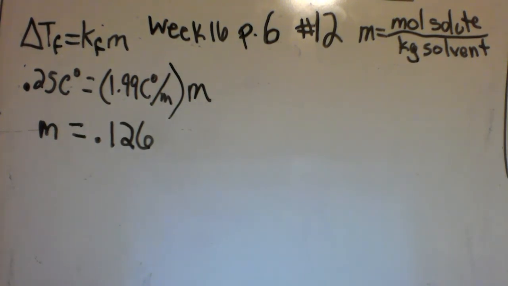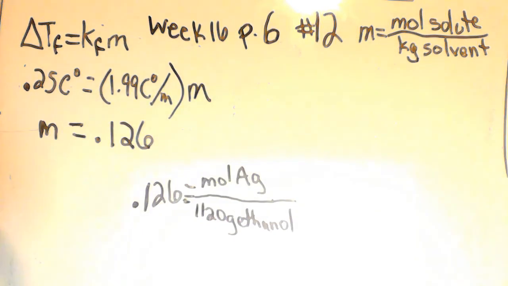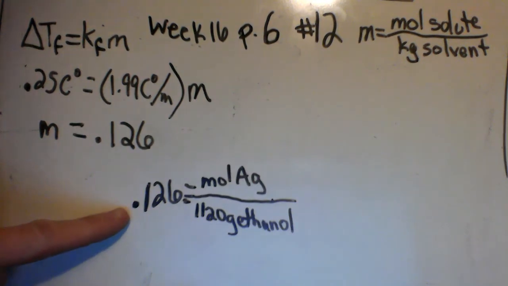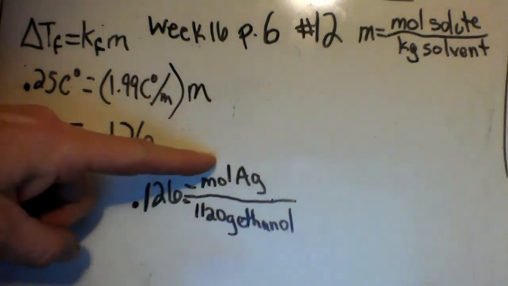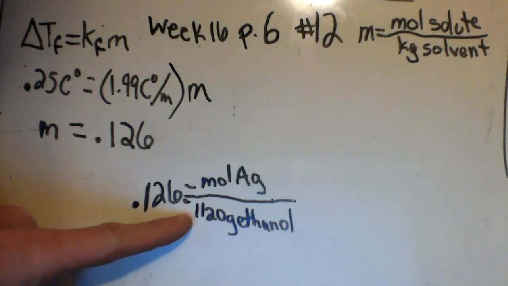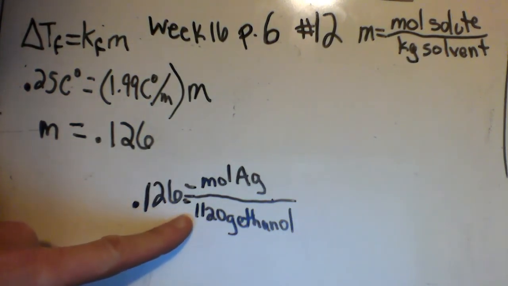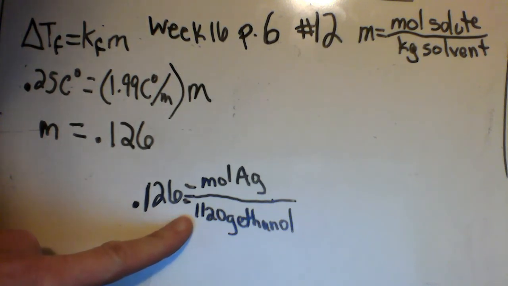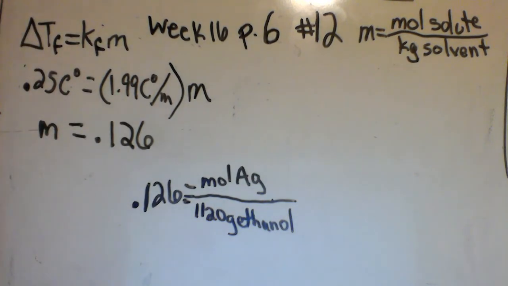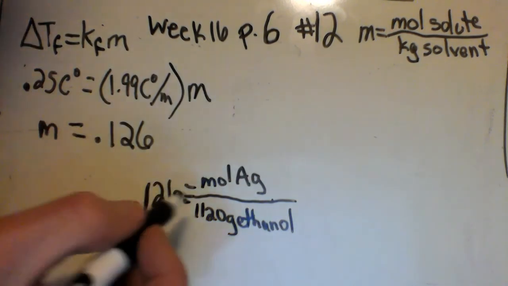Now we can substitute this number into our molality equation. So we're going to substitute 0.126 for molality. We're looking for moles of silver, and we know that there are 1,120 grams of ethanol. We're going to change ethanol from grams to kilograms by moving the decimal place to the left 3 places.